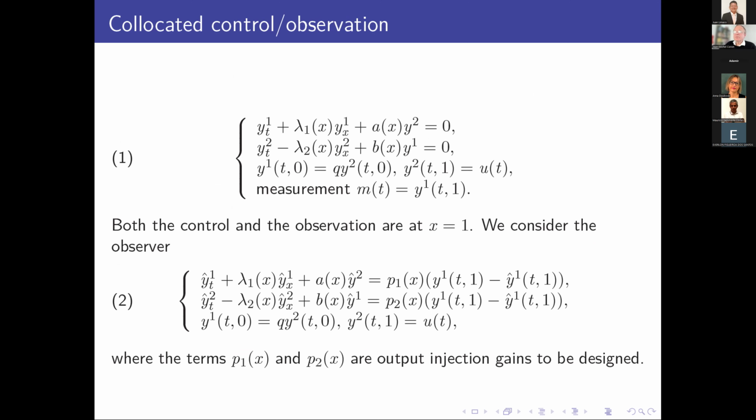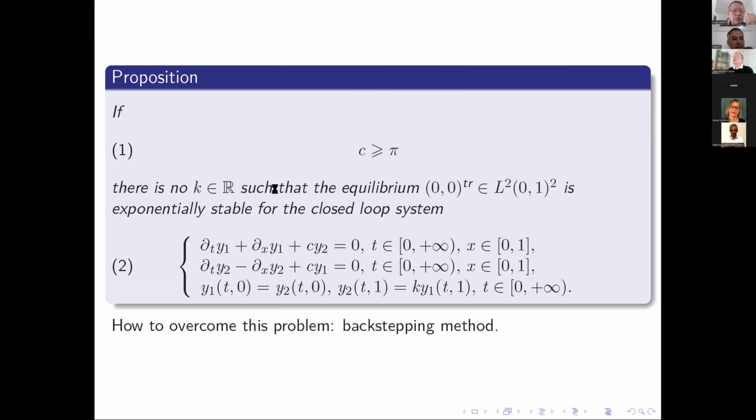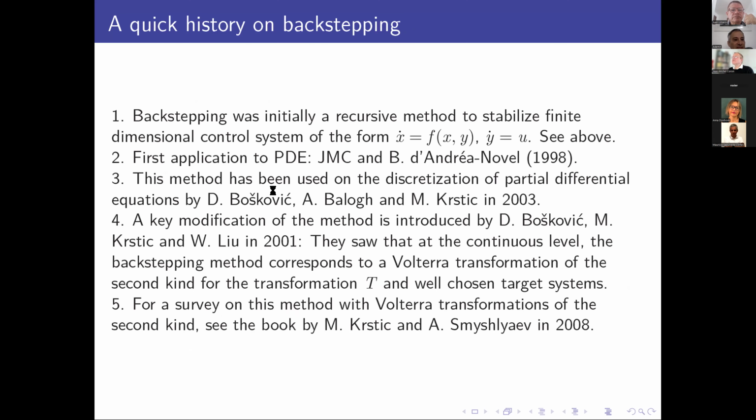Y1 hat is going to be some approximation of y1 if the time is large enough. Y2 hat is going to be an approximation of y2 if the time is large enough. And how do you choose the gains of the observer, which are P1 and P2, that we are going to choose again in order that, if we consider... That's okay, so I just finish with that.